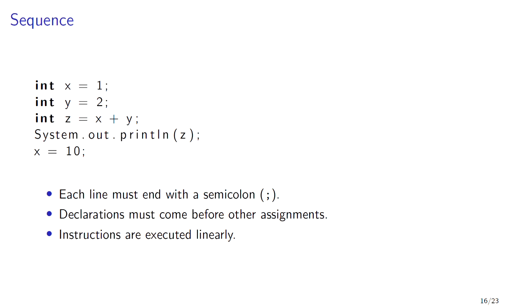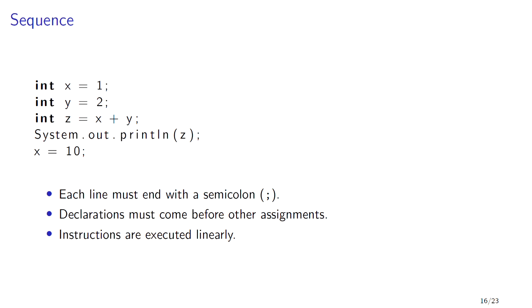So sequence. Sequence is just executing statements in sequential order. And so we talk about sequential logic or sequential code, and it's just we have a set of statements that are executed one at a time.